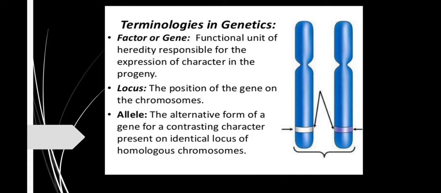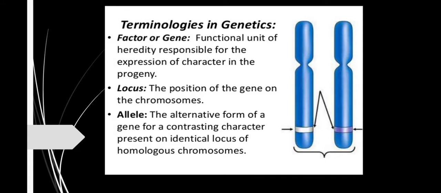So the functional unit of heredity which is responsible for expression of character in the progeny is called a factor or a gene. We know genes are located on specific structures called chromosomes. So the position of a gene in a chromosome is called a locus. So locus is the position that a gene holds on a chromosome.